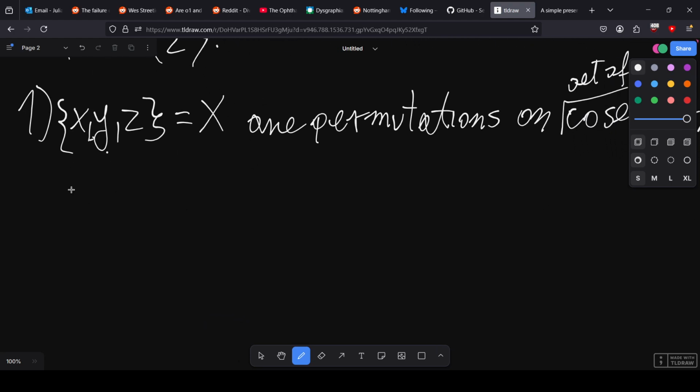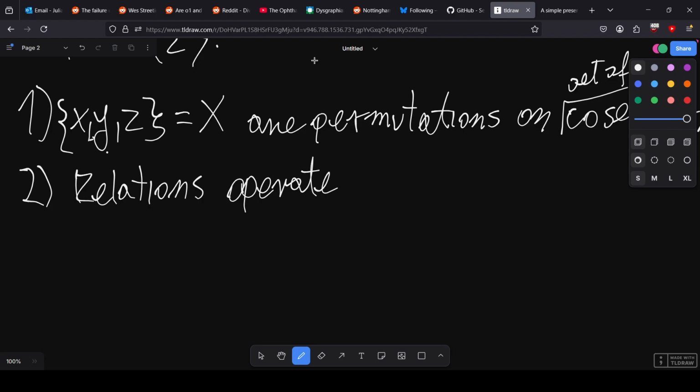Part 2, we need that all of the relations must operate trivially. So for example, if something is equal to 1 in the group, it has to be 1 here as well.